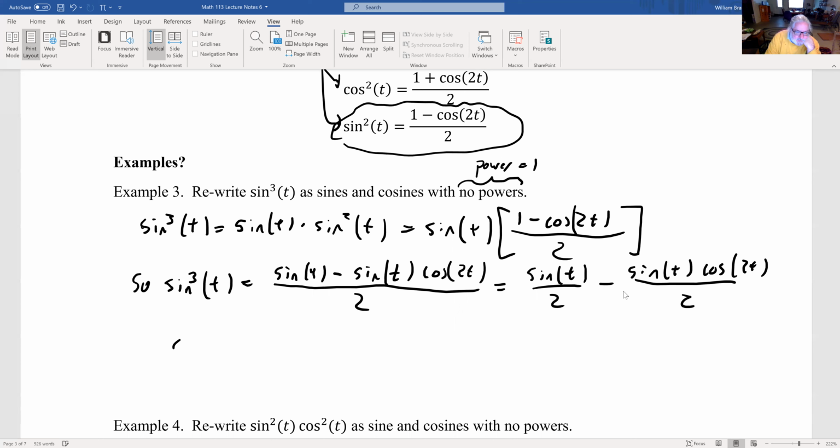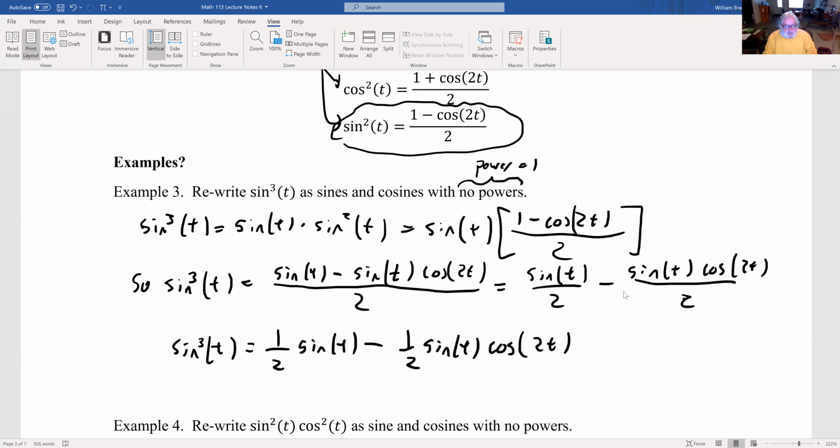And then we use that same trick that we did before, not trick, but just rewriting things in terms of 1 over the denominator, so 1/2 times sine of t, 1/2, so 1 over the denominator times the numerator, sine of t, cosine of 2t.